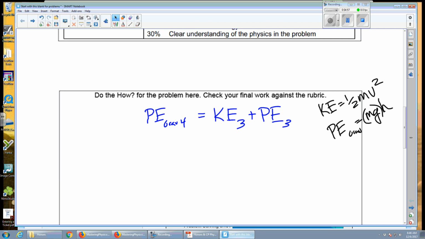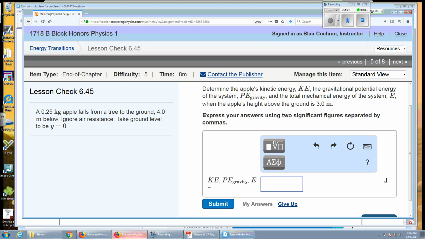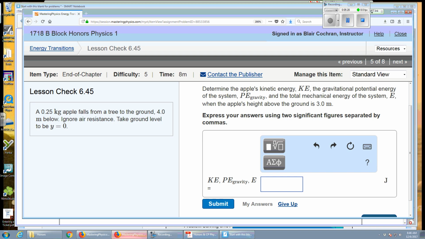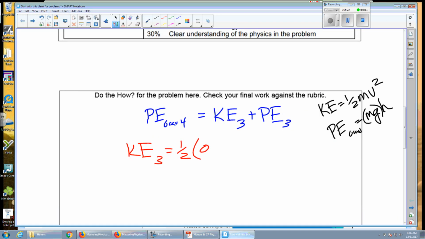So I think to get the total, well, I'm going to do it in the order they want it: KE, PE, total. Okay, so KE at 3 would equal 1/2 the mass, 0.25, and oh, do I know the speed at 3?